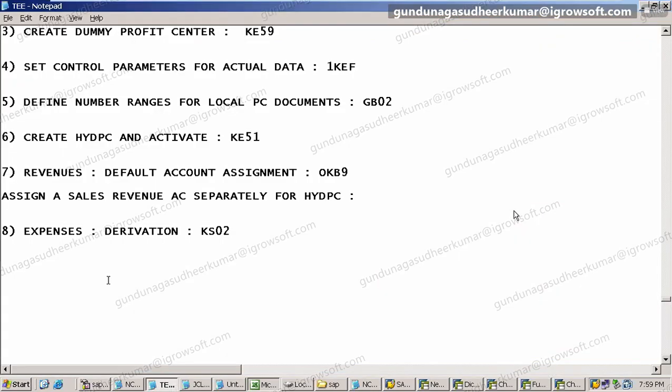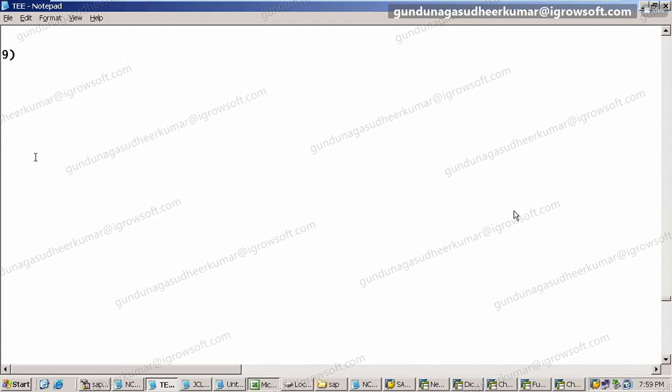Next, step number 9. Now I can start the planning also. For cost centers, we were doing the planning. First plan, then actual, then comparison.